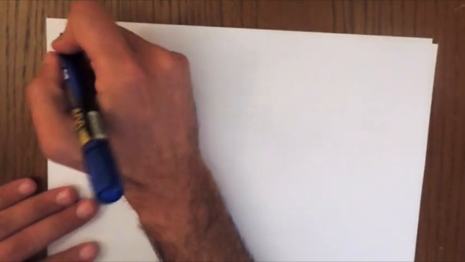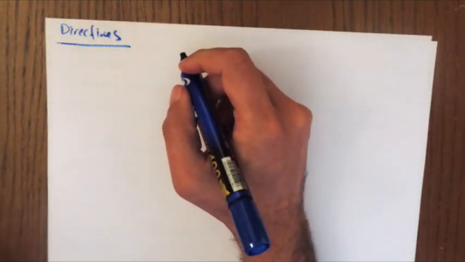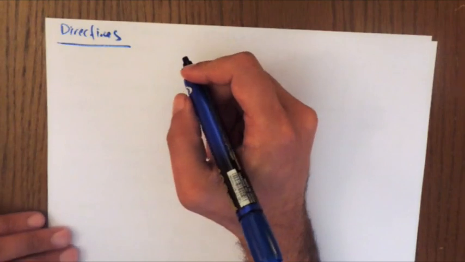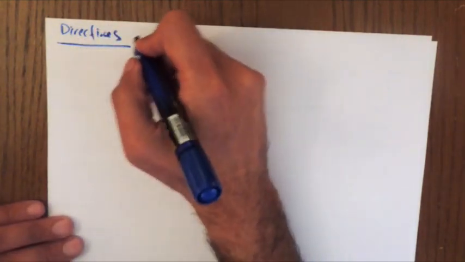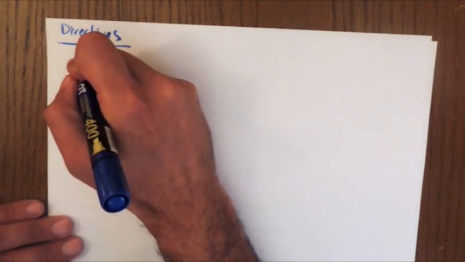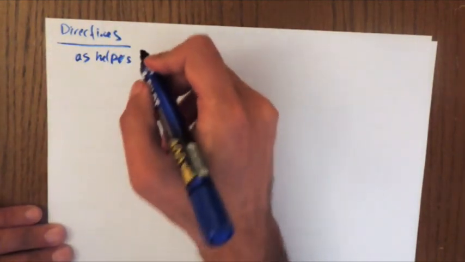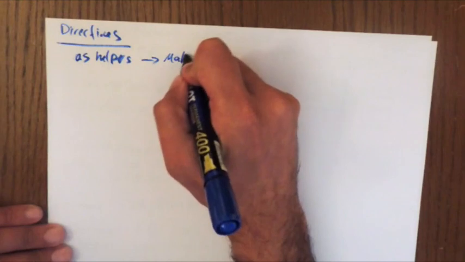Now if I want to talk about the directives, directives are used by the compiler, or the assembler, excuse me, to help write nice code. I can think of them as helpers. They can help me make my code more readable.